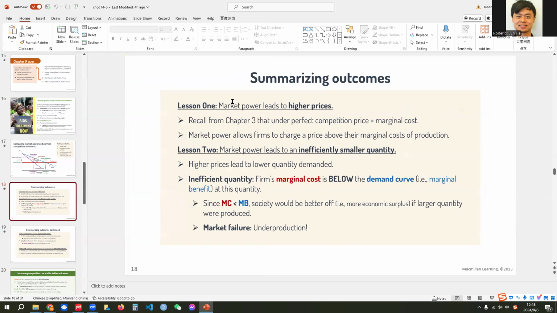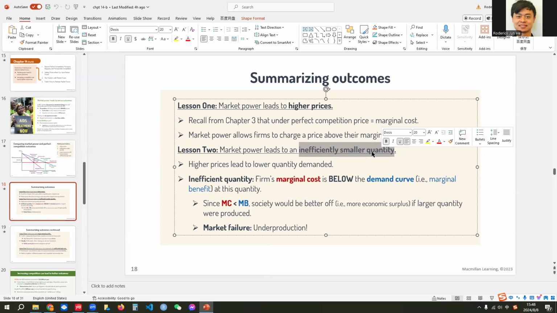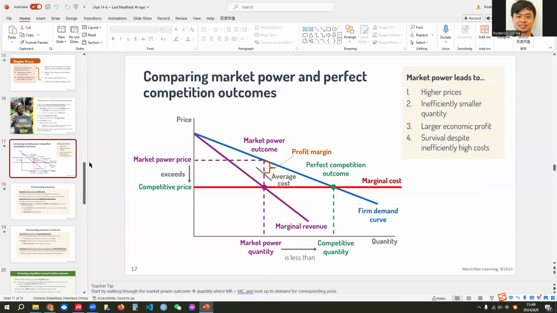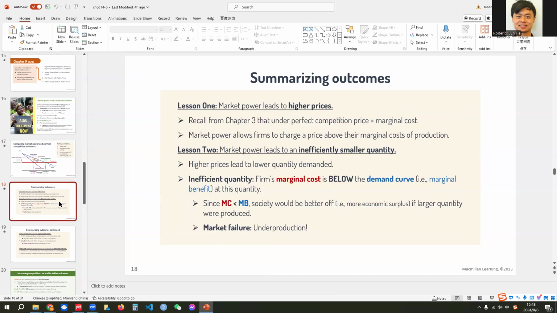Lesson 1, market power leads to high prices, and lesson 2, market power leads to an inefficiently small quantity. Actually, lesson 2 should come before lesson 1. It is because the small quantity was intentionally produced, and then there is a hunger in the market, and the consumers have to accept that high price due to the artificially made scarcity by the monopoly.